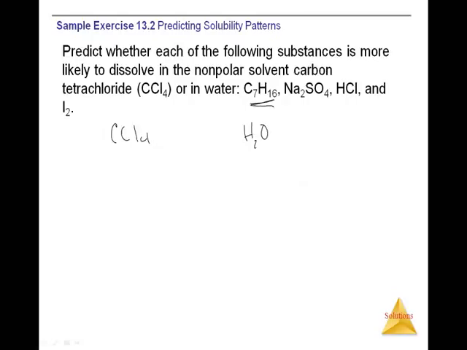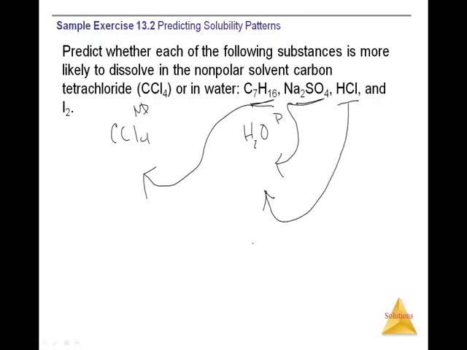Here we have heptane, which is totally nonpolar, so it's going to be soluble in carbon tetrachloride, which is nonpolar, and water is polar. Sodium sulfate is the ultimate in being polar. We have positive ions and negative ions, so this is going to be dissolved in water, which is polar. HCl will also ionize, so it's quite polar, and it will dissolve in water. Iodine is nonpolar and will therefore dissolve in carbon tetrachloride.